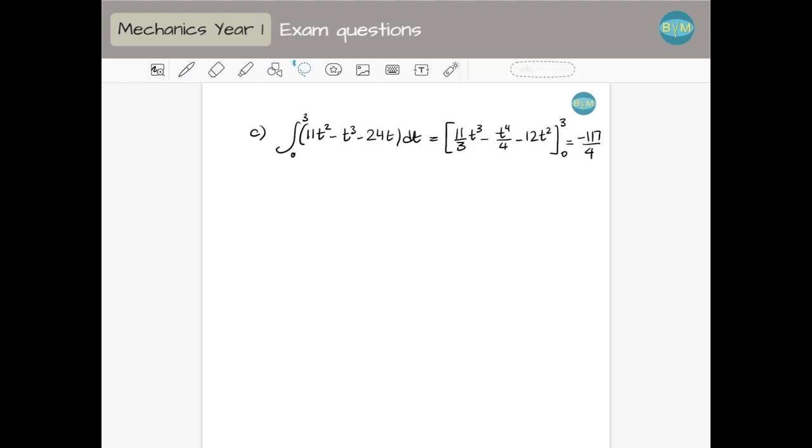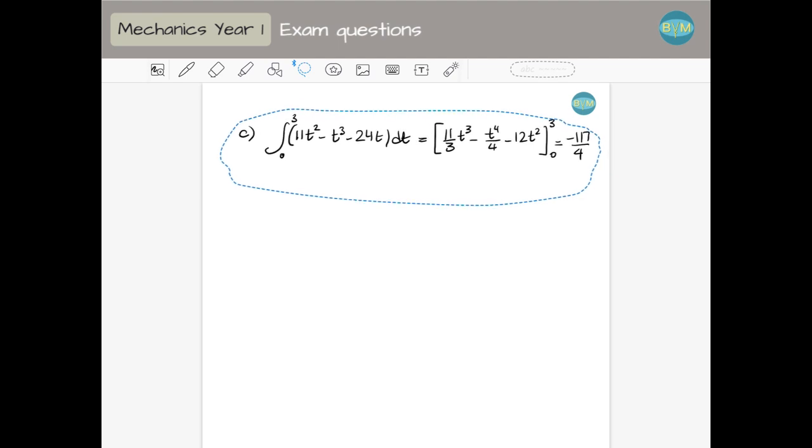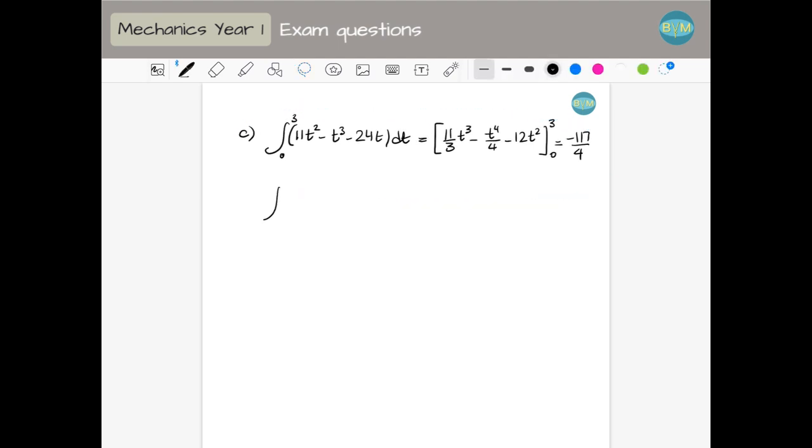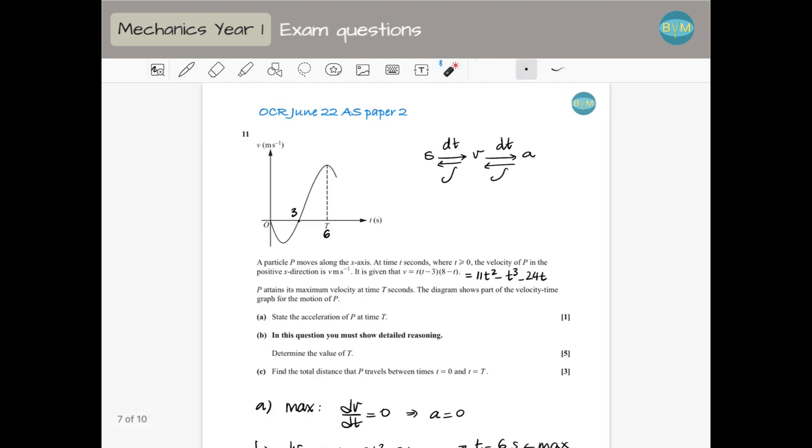Yeah, that's my first area. And then I'm going to do the same between 3 and 6. You have the same function when you integrate between 3 and 6. And when you substitute, you get a positive value, which is 261 over 4, which is this area here.